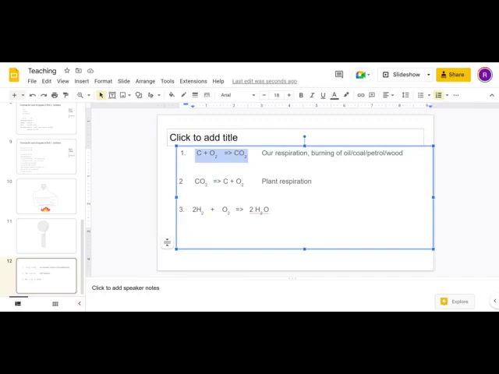Take in energy. Number one, does it produce energy or take in energy? If you burn wood, does it produce energy or consume energy? Release. Yes, it releases energy, exactly.